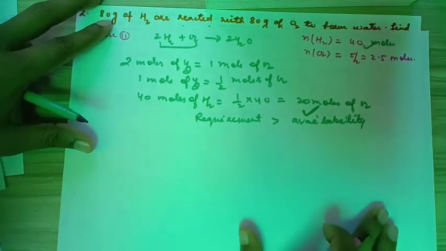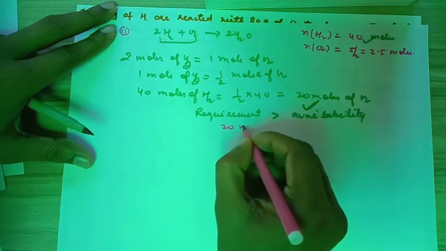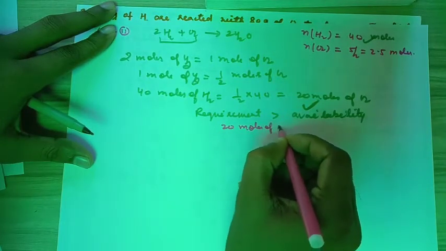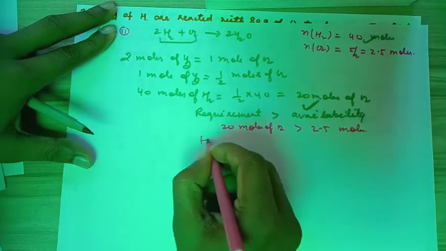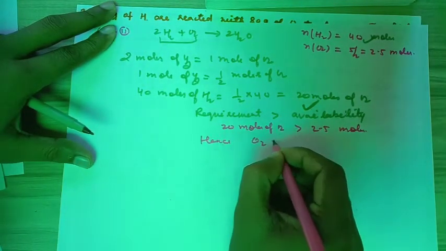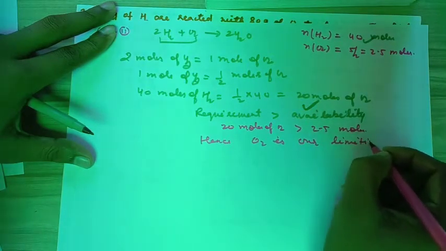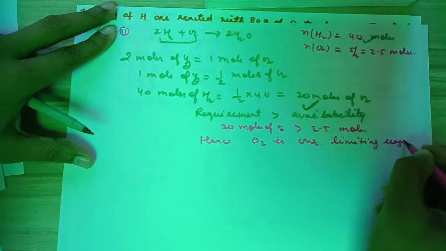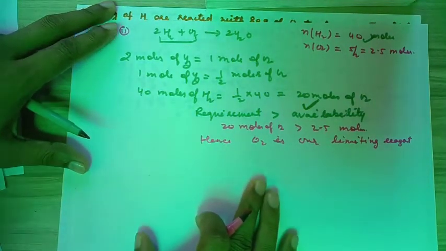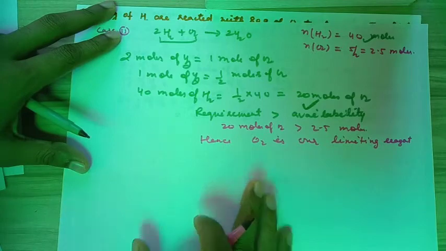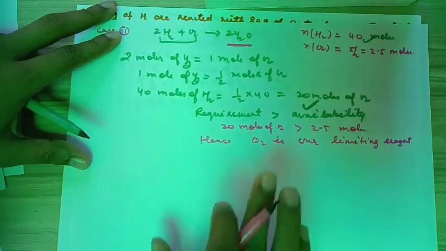Hence we can say that 20 moles of O2 is greater than 2.5 moles. Hence O2 is our limiting reagent, and this O2 will decide the product S2O formed. So O2 is our limiting reagent.